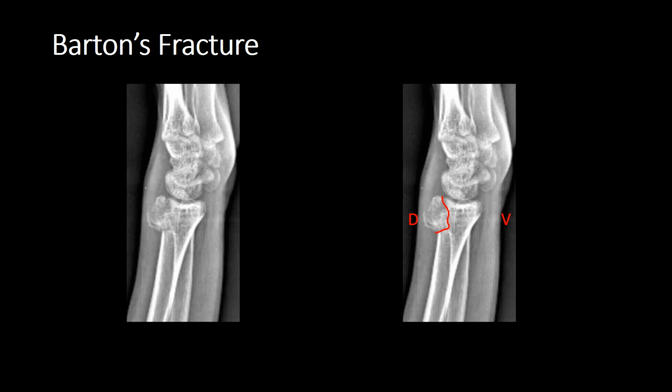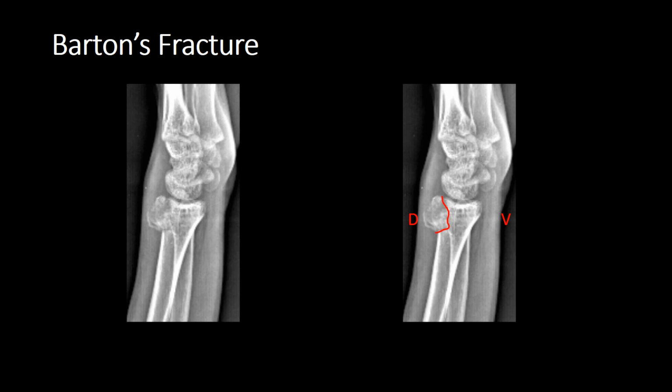If we look here, we can see the intra-articular component, but the lunate is normally aligned within the radiocarpal joint, and it absolutely hasn't migrated with the fracture fragment. So technically, I don't think this is a true Barton's fracture, but it gives you a little bit of understanding of what you might be looking for.